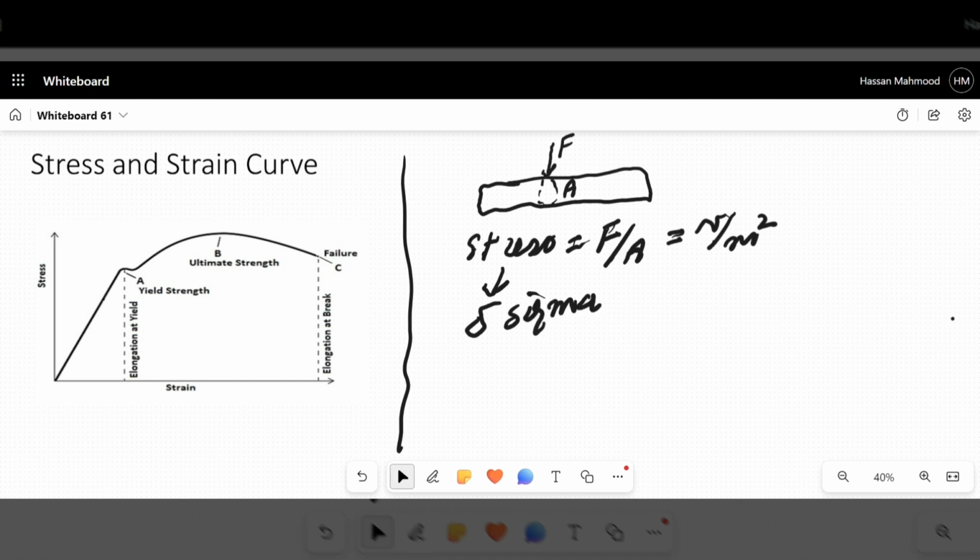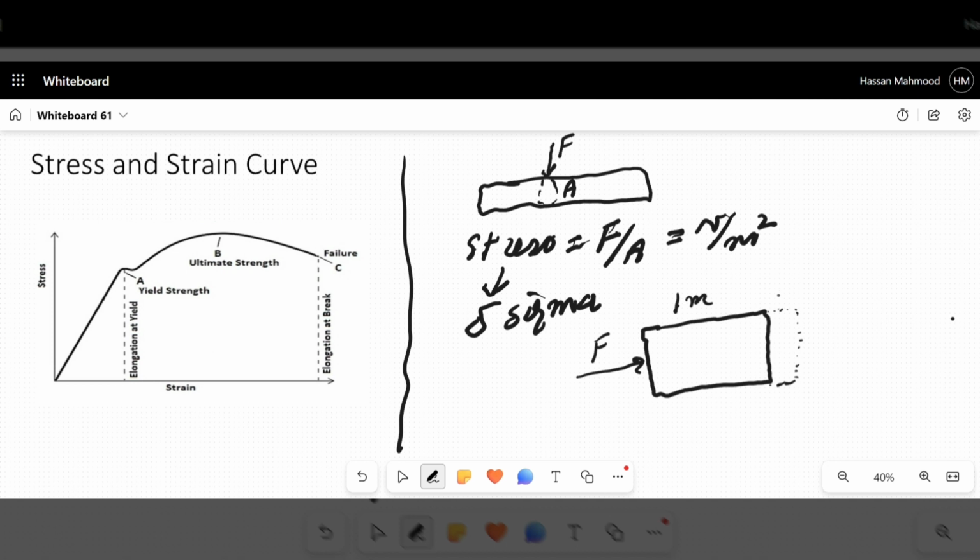For example, that is your rectangular block having length 1 meter. I applied a force. There is a deformation in the material with the application of this force, and the material does not restore its original shape, and there is a slight increase in the length.